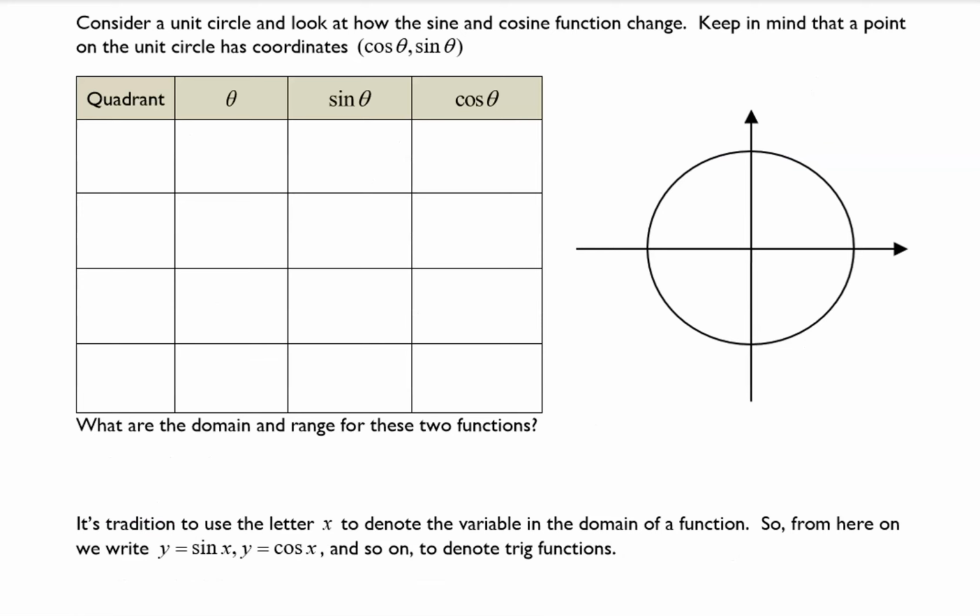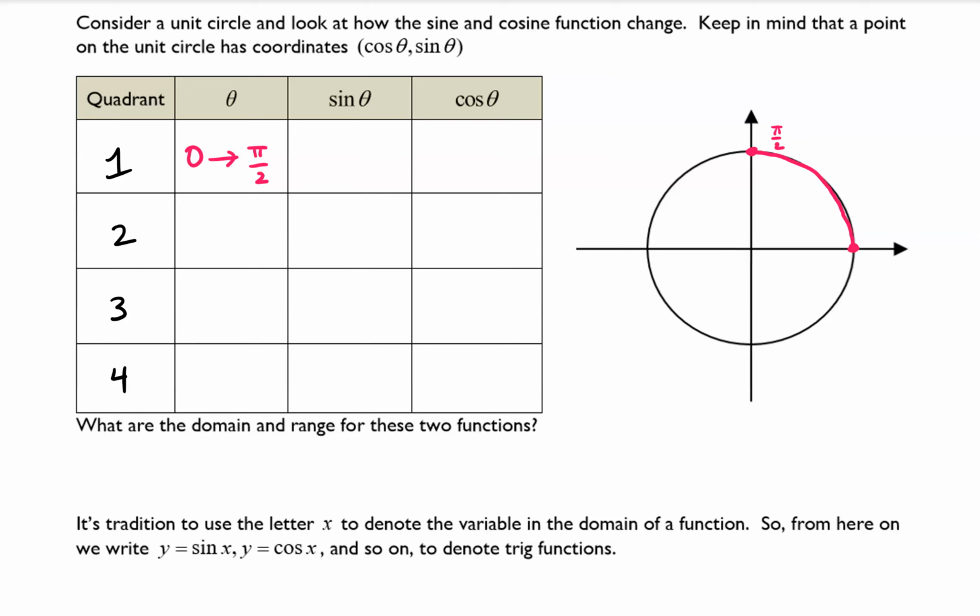Consider a unit circle and look at how the sine and cosine functions change. Keep in mind that a point on the unit circle has coordinates cosine theta, sine of theta. In quadrant 1, the angle goes from 0 to pi over 2.